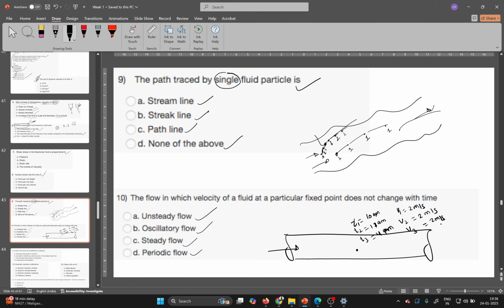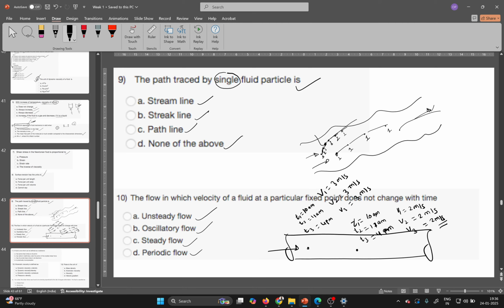Now t3, let us suppose we have measured in the evening also, 4 p.m., your v3 is 2 meter per second. Here also you have measured at t1 equal to 10 a.m., t2 equal to 11 a.m., and t3 equal to 4 p.m. Here v1 is equal to 3 meter per second, v2 is equal to 3 meter per second, and v3 is equal to 3 meter per second.